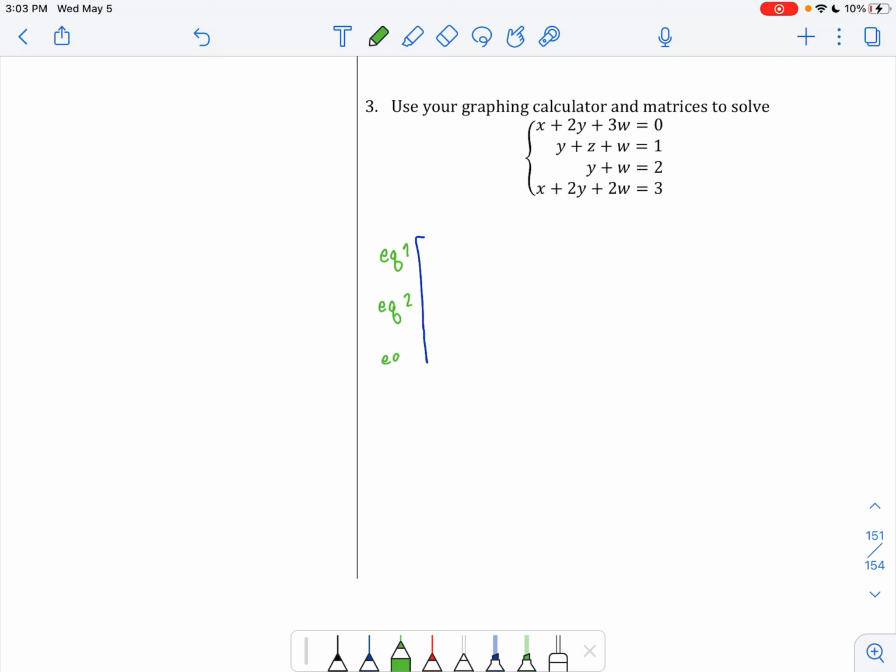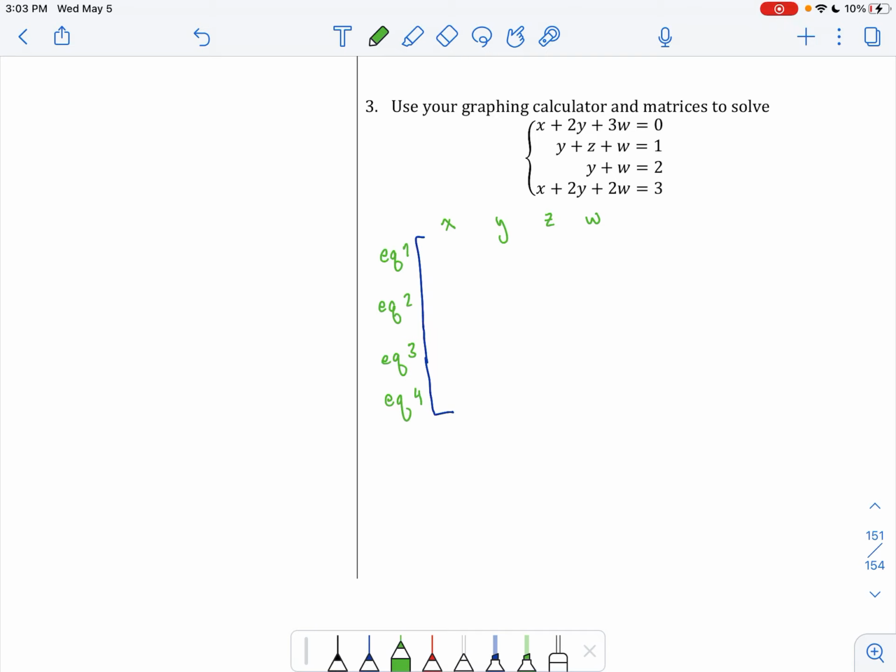So you're going to have equation 1, equation 2, equation 3, equation 4 in this case. And for each equation, you're going to have your row, which will be the coefficients of x, y, z, and w. So each of your separate variables.